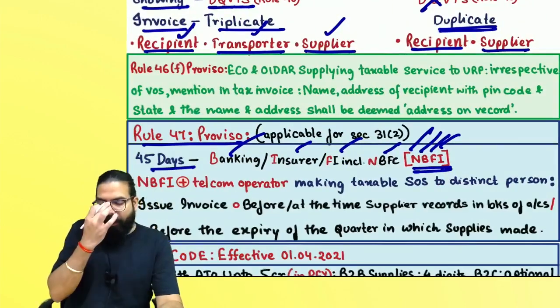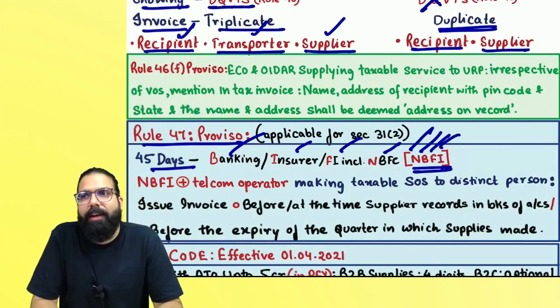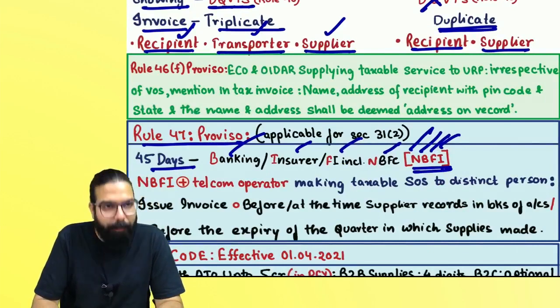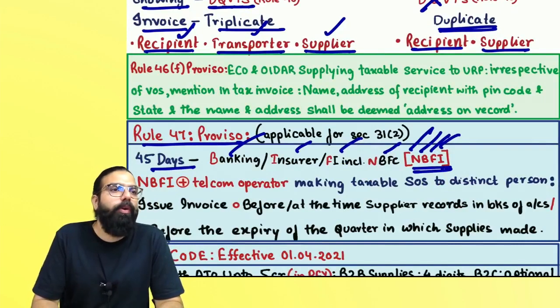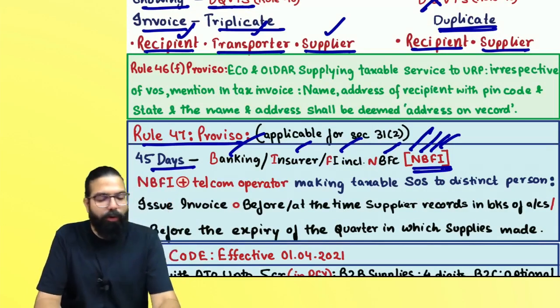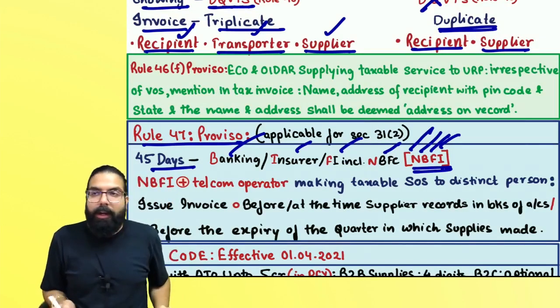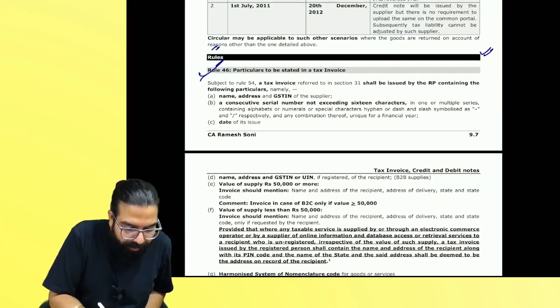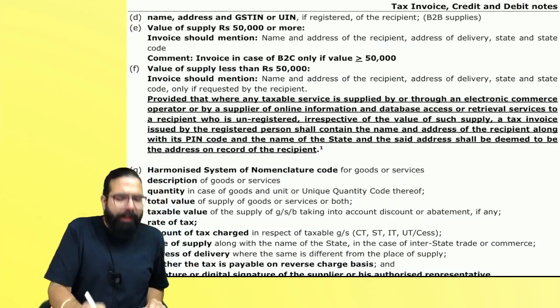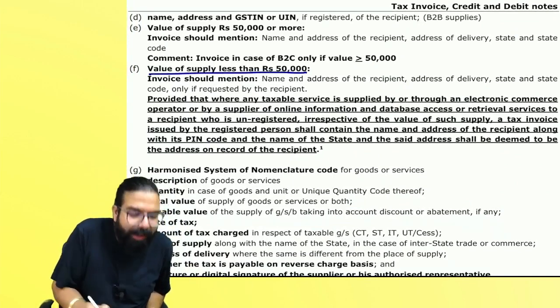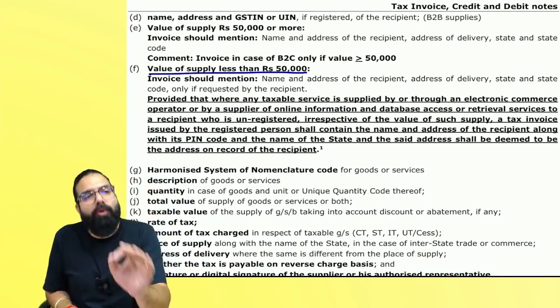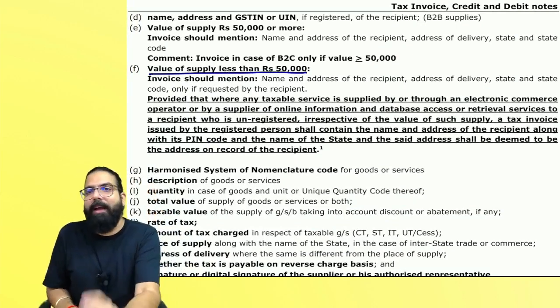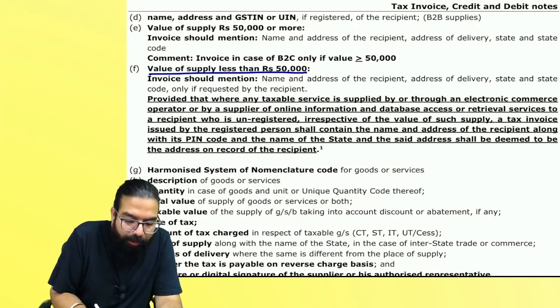Now, everyone, listen to me very carefully. Generally, whenever it's a B2C supply, they have told what, everyone? I'll show you, just a second. Whenever you read your rule number 46, it is told that if the value of supply is less than 50,000 and it's a B2C supply, then you are not required to mention what, everyone?